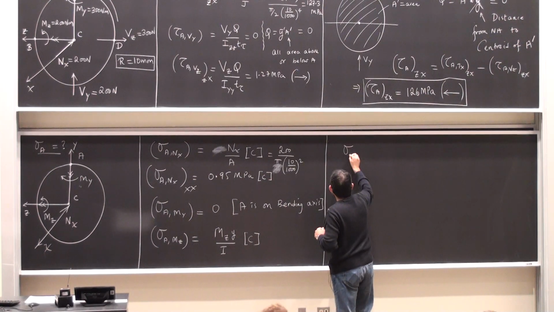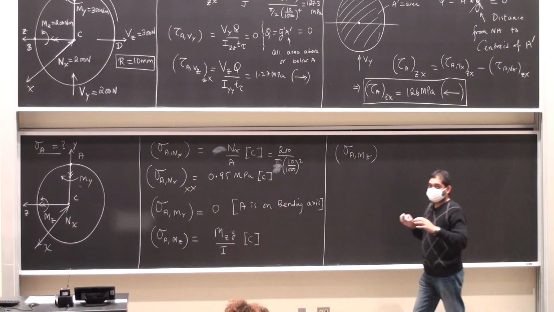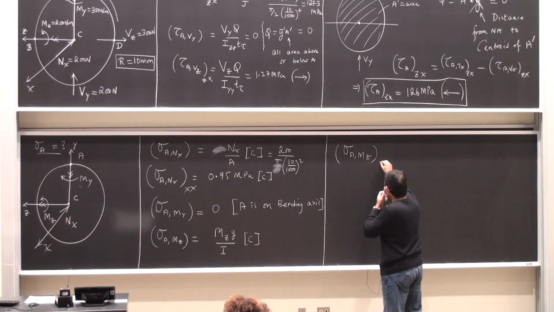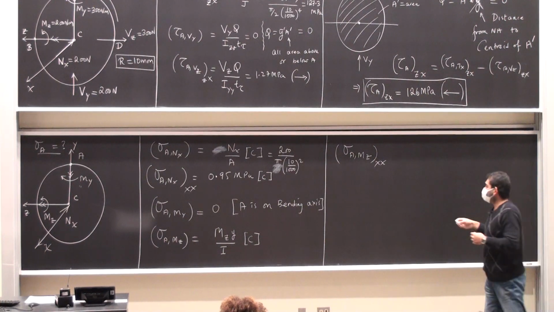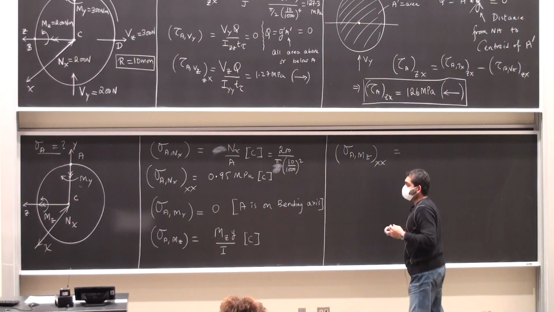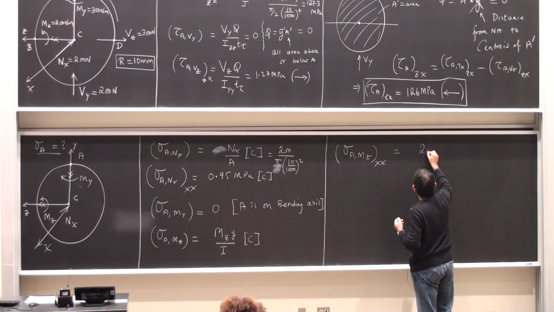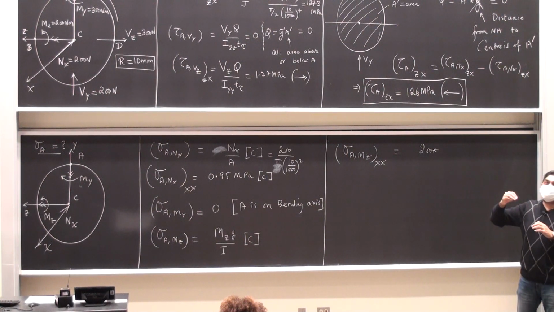So sigma A due to Mz, write the indices. Area normal is x, so automatically the bending stress is also going to be in the x direction, and so this is going to be Mz, which was 200 Newton meters. y is the distance of point A from the neutral axis.